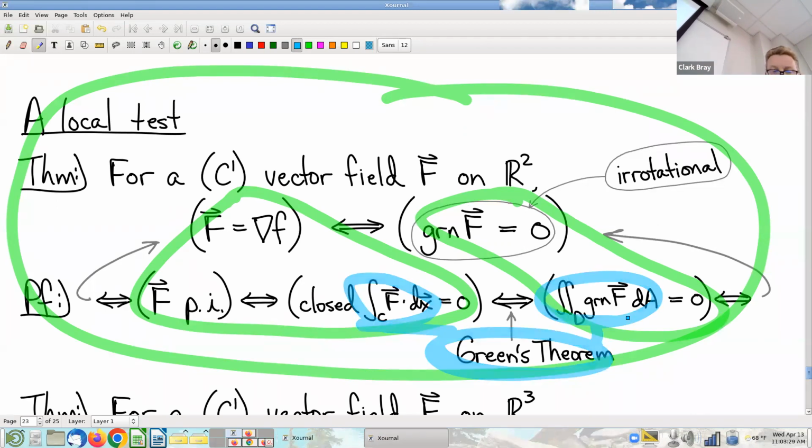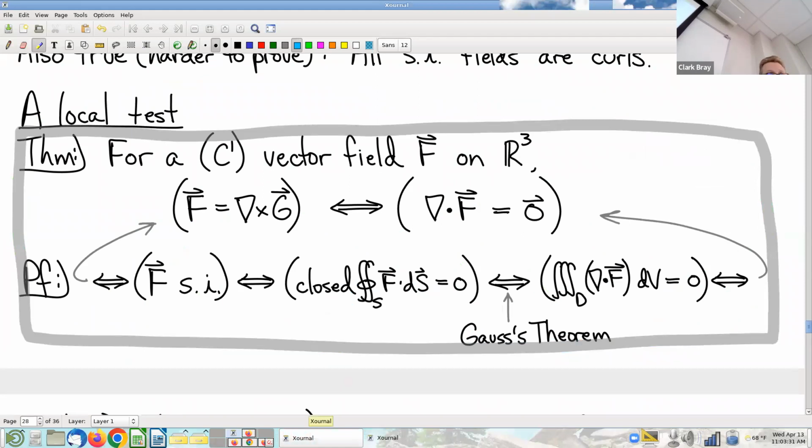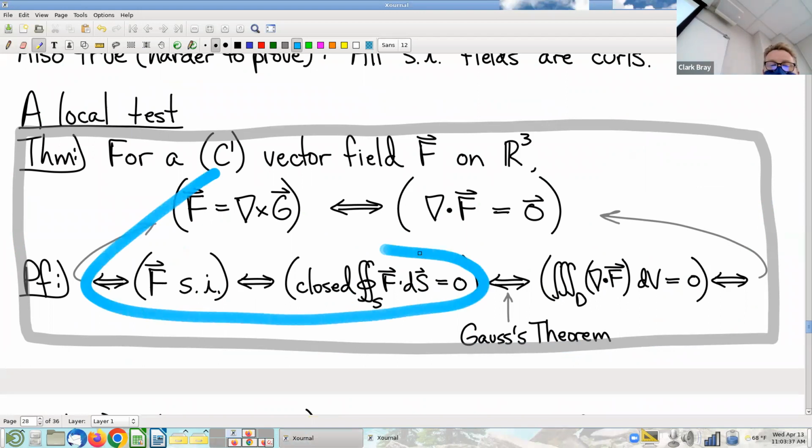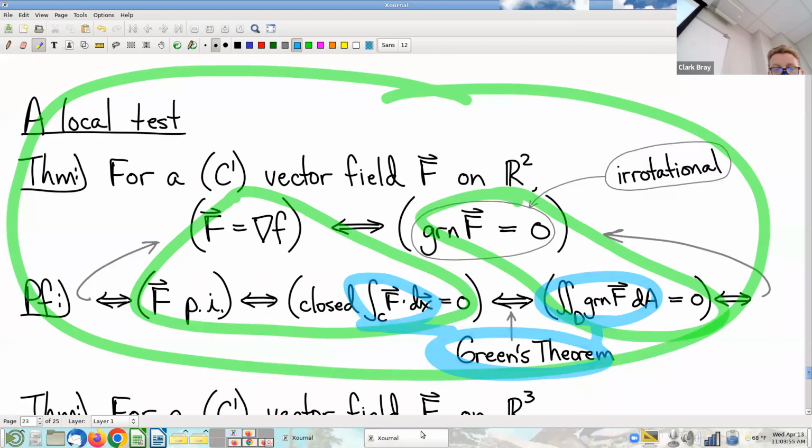So what we've got over here is highly analogous, as it turns out, but different. Here we have three statements about surface independence that we've just talked about: being a curl is the same as being surface independent, which is the same as closed fluxes being zero. None of those are the same statements as we have here, but they're highly analogous.